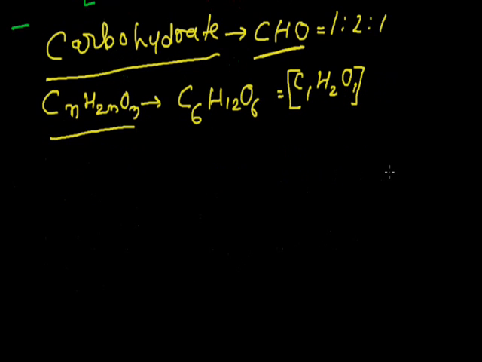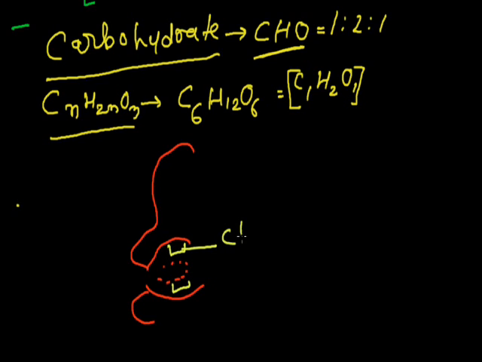So whenever we eat carbohydrate, first it enters the mouth. Suppose I draw the diagram of the mouth, and this is the teeth structure, and we have molecules of carbohydrate. Suppose this is ice cream, this is chocolate, which is eaten by a human being.